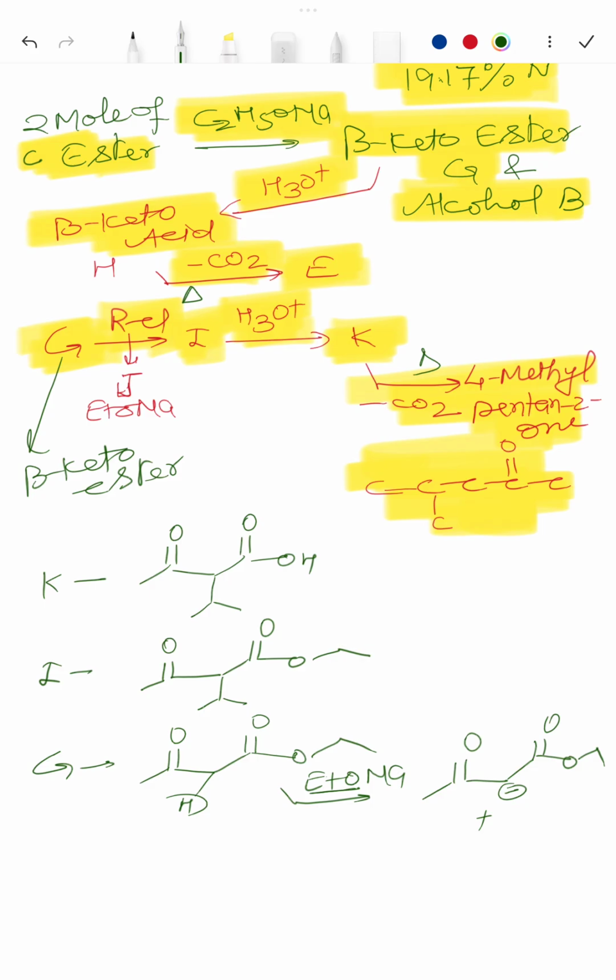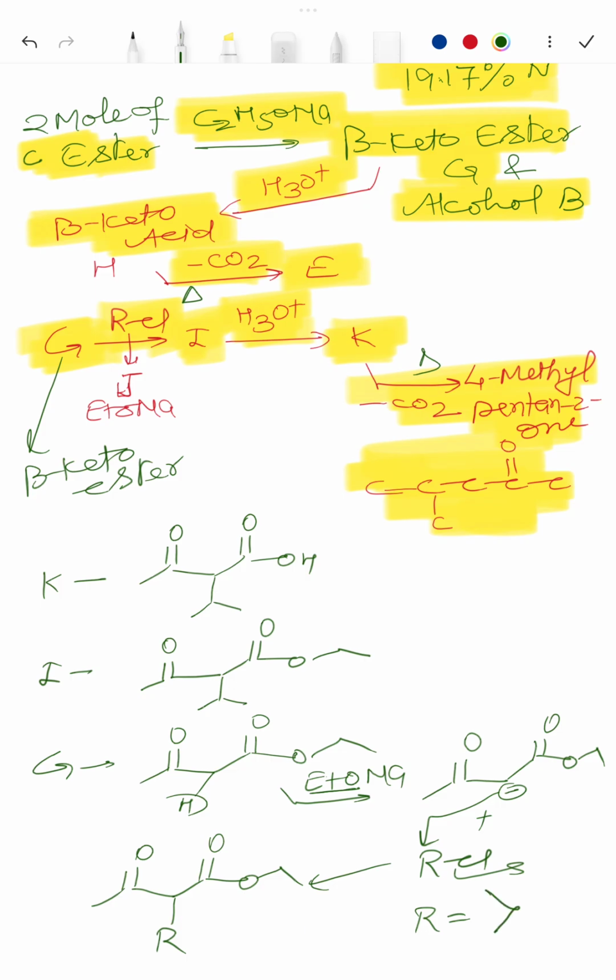And what is the RCl? Let's decide. So here a nucleophilic substitution reaction will take place, with C double bond O, and here is the R, and here you can take R as the isopropyl group.